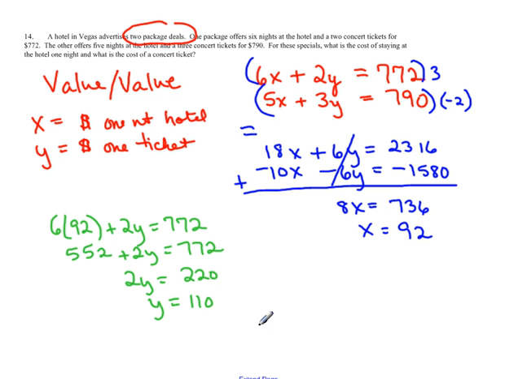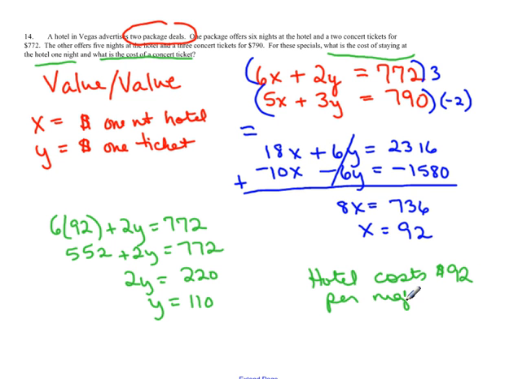Now with a word problem, you need to make sure that you answer the question. The question says, what is the cost of staying at the hotel one night, and what is the cost of a concert ticket? Well, we said that X represented the cost of the hotel for one night, so the hotel costs $92 per night.